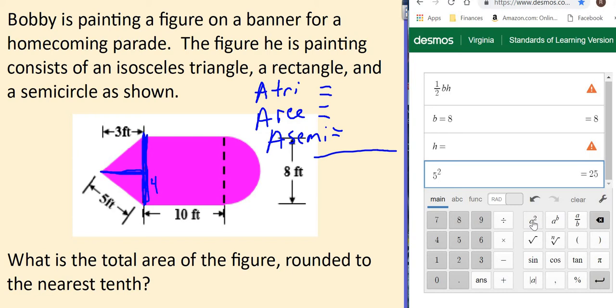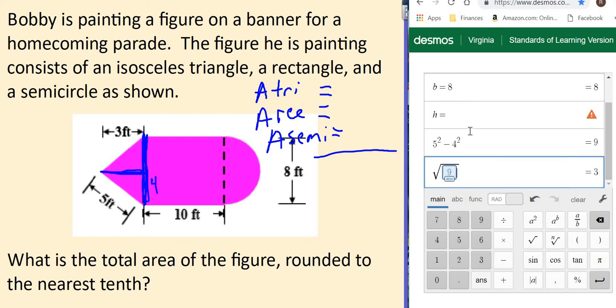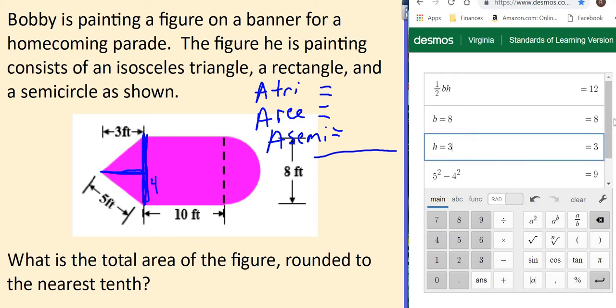And I'm going to have to subtract my leg squared, which is 4, to get 9. Then I have to take the square root of that 9 to get my height, which is 3. I think this might have been on the more advanced side rather than intermediate, but we've got the area of a triangle right there, and it is 12.